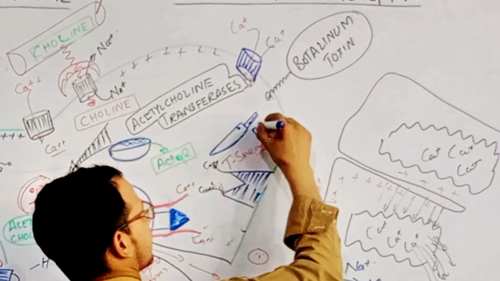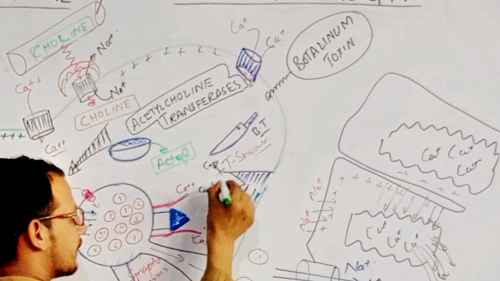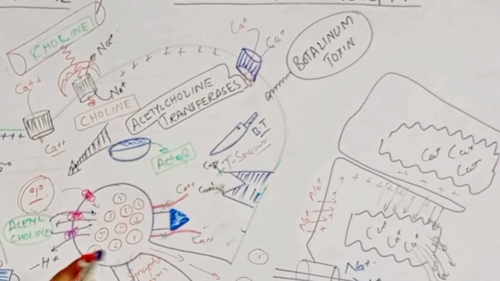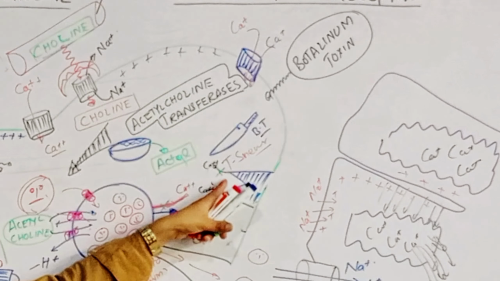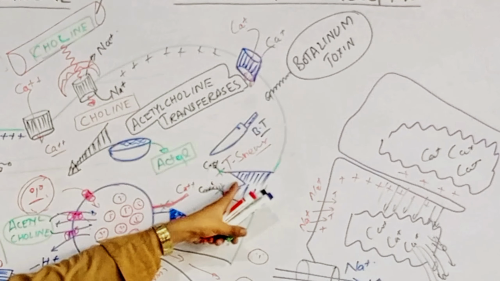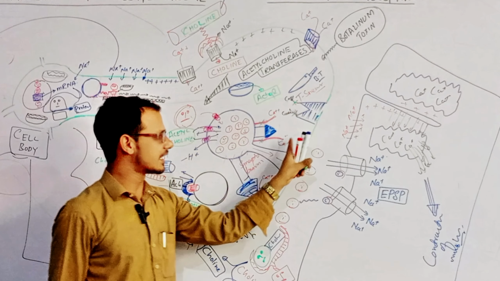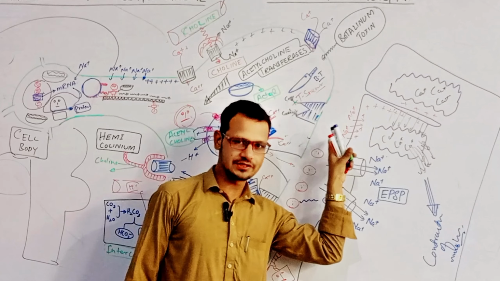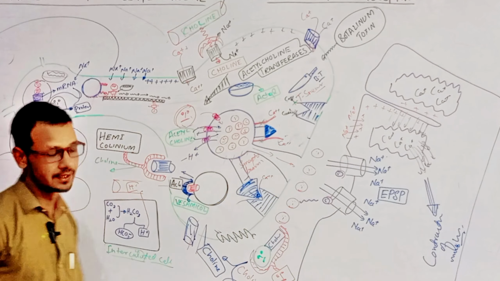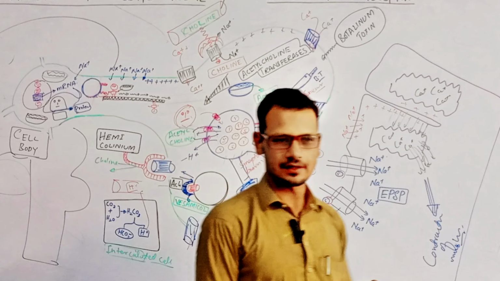These are botulinum toxins, and these botulinum toxins are responsible for cutting T snares and V snares. And when T snares and V snares are cut, this vesicle is not able to attach to these receptors, and when it is not attached to these receptors, the acetylcholine cannot come into the synapse, and these pathways are not activated, right? The next, you know, spider.